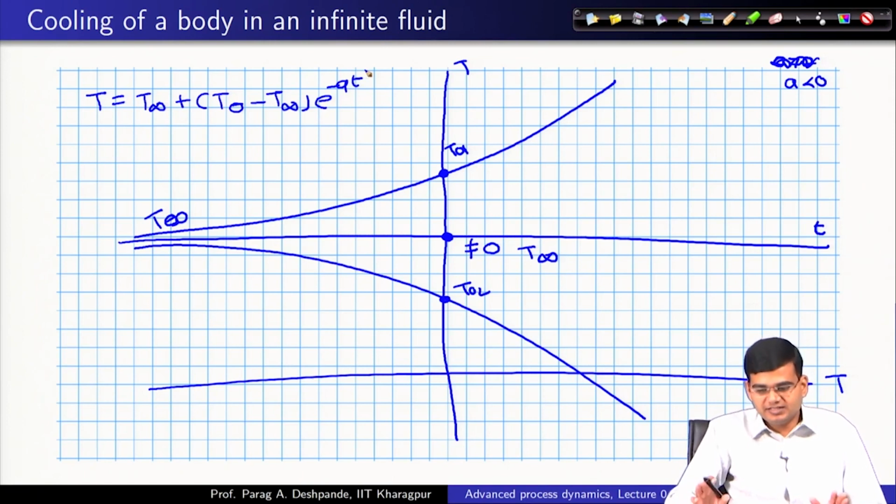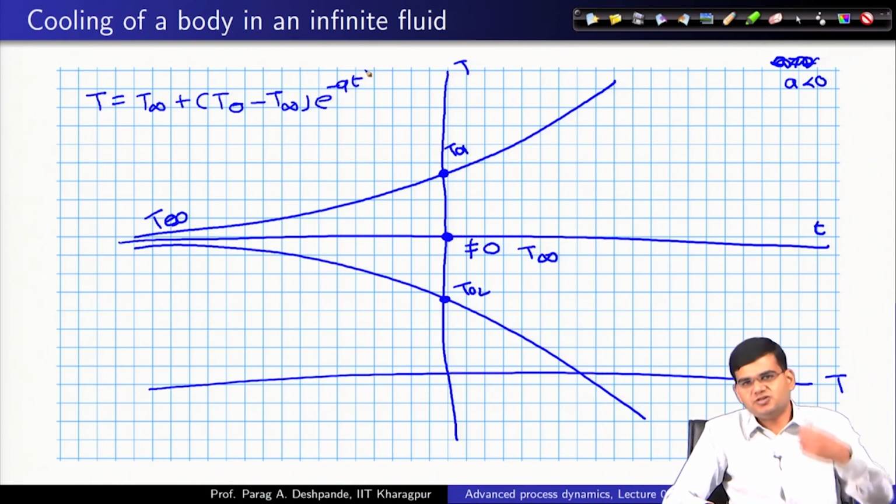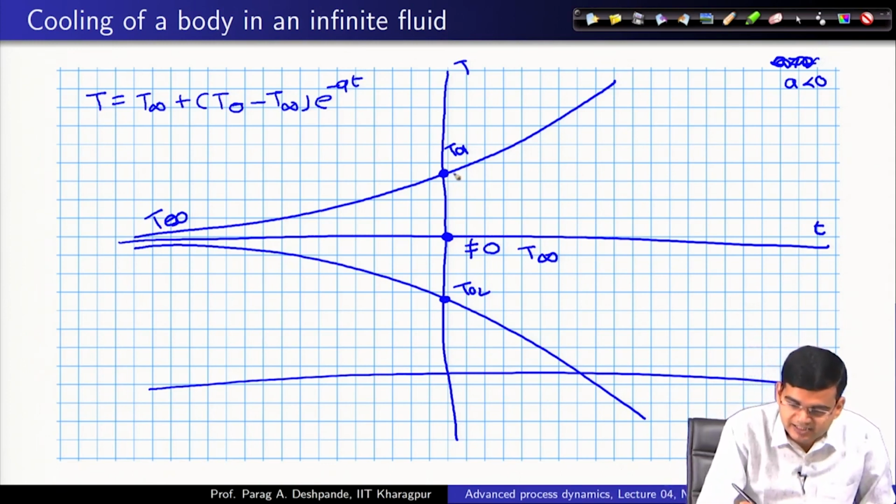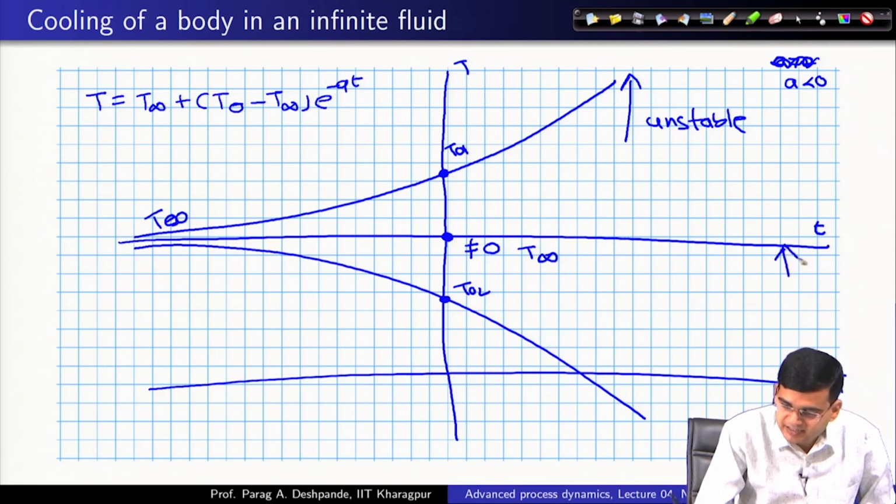Physically for the current situation, this phase portrait will not hold true, but you may tomorrow come across some other system for which you may get similar analysis, and then you may be ready to understand that the solution behavior would look like this. And therefore, what you see is that there is a divergence. So, the system is unstable, this equilibrium solution is unstable.